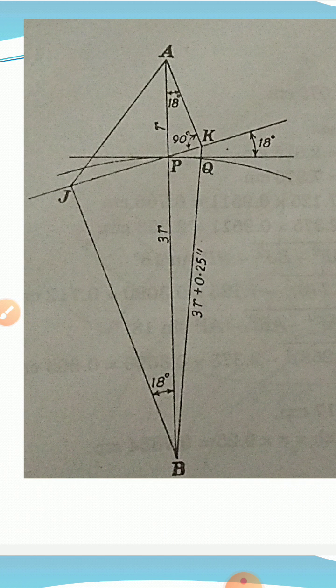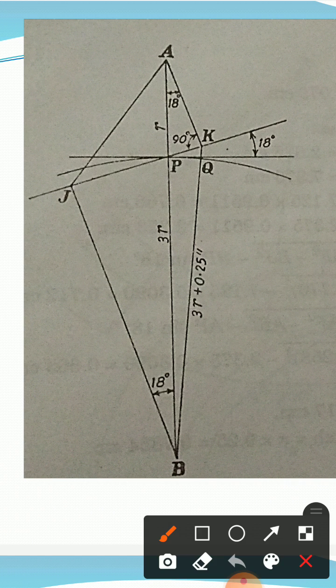Now we have to find out this AP length. This AP length we can find out by consideration of the triangles.